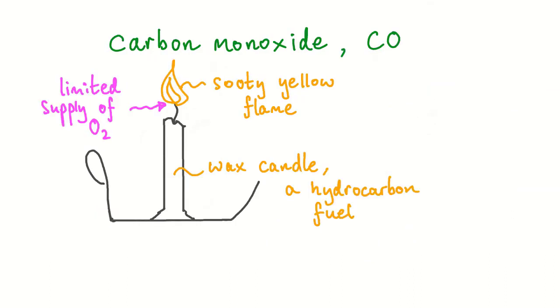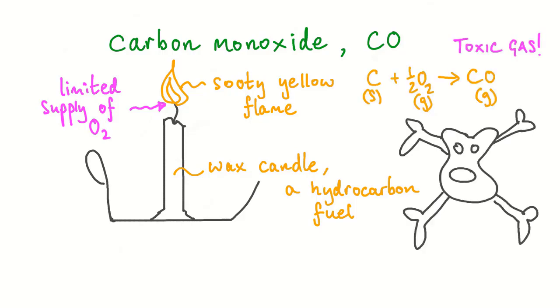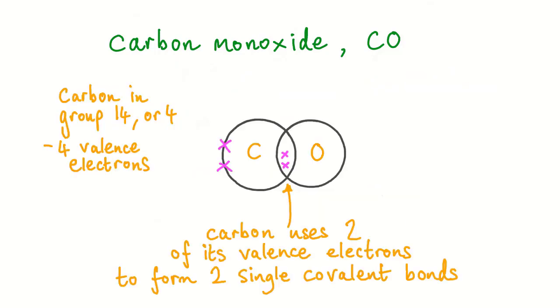Carbon monoxide is an oxide of carbon that is formed when hydrocarbon fuels are burned in a limited supply of oxygen. It is a poisonous gas and its formation must be avoided in domestic homes when fuels are ignited. Carbon monoxide consists of one carbon atom and one oxygen atom. The carbon atom uses two of its valence electrons to form two covalent bonds with the oxygen atom.